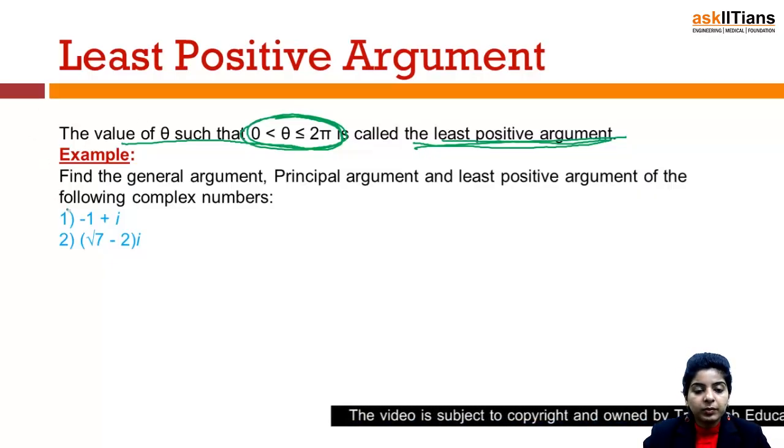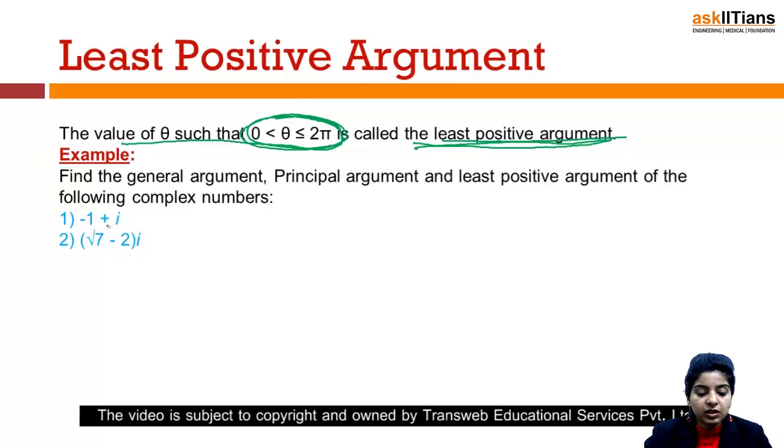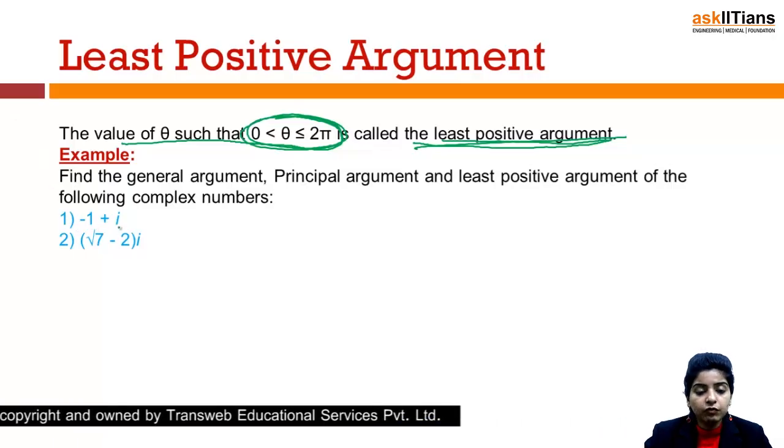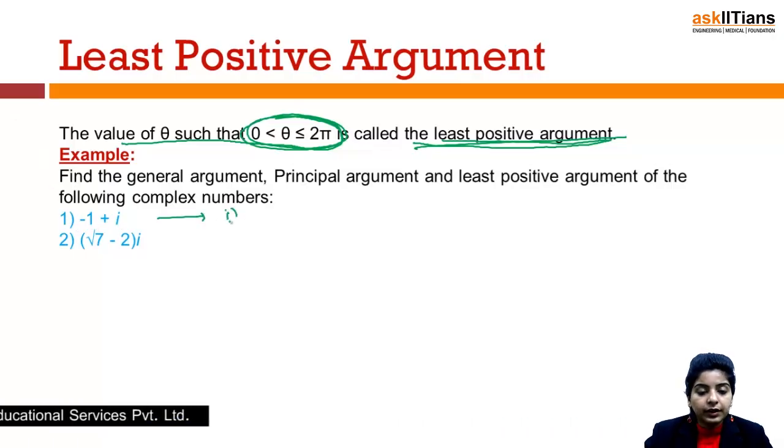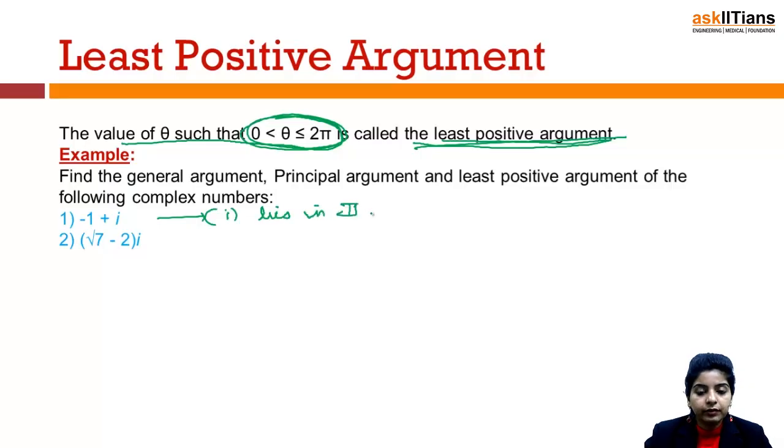So my first given complex number is minus 1 plus iota. First of all, it lies in the second quadrant. At least this you must know: in minus 1 plus i, my a is negative and b is positive, so it lies in the second quadrant.